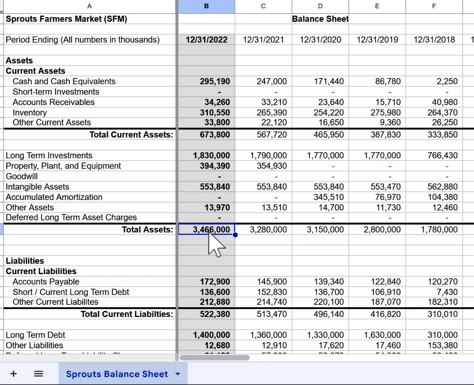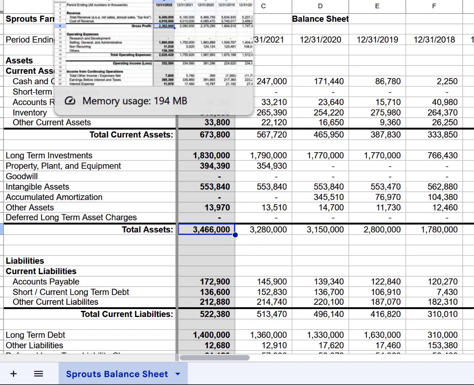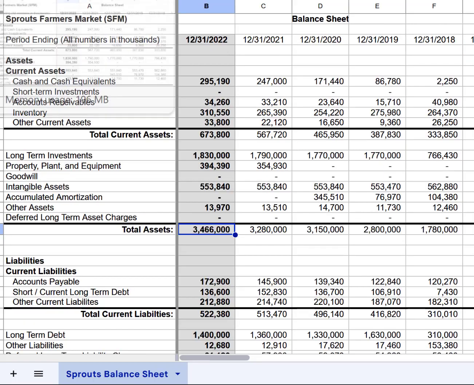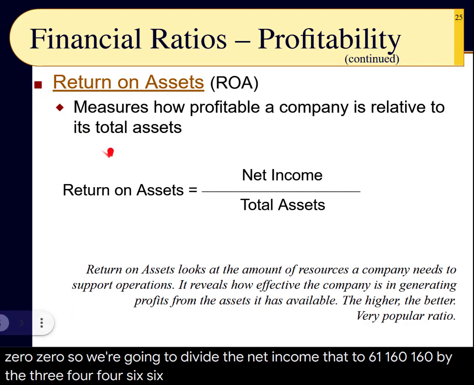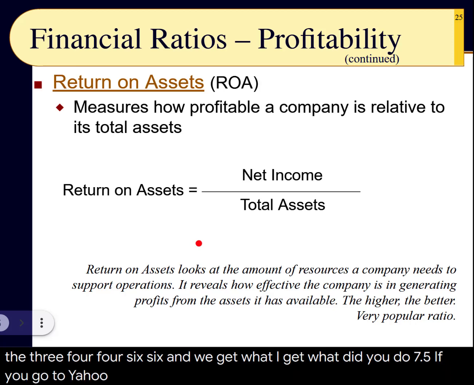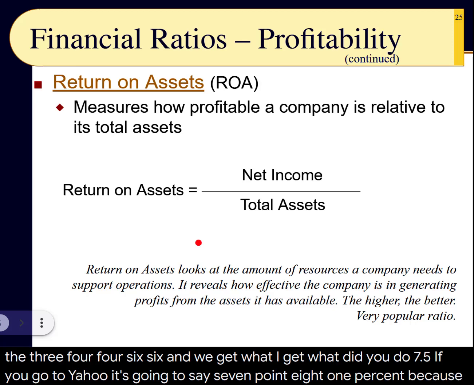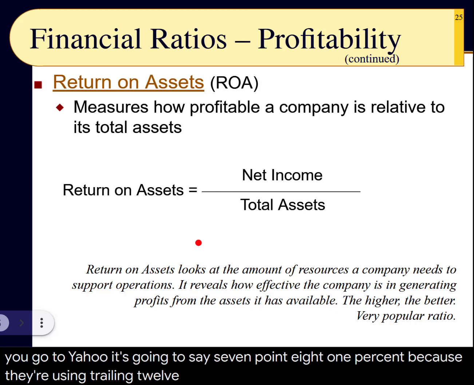Just write the whole number down. 3,446,600. So we're going to divide the net income, that 261,160 by the 3,446,600, and we get, what did I get? 7.53%. Now, if you go to Yahoo, it's going to say 7.81% because they're using trailing 12 months.